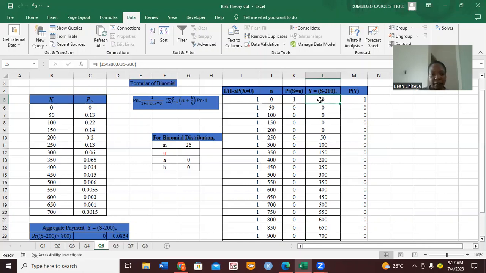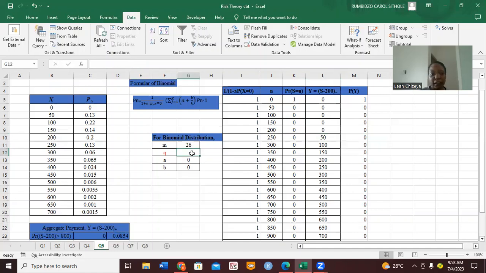So we use the IF condition here. If our N or S is less than 200, we get 0. If it's more than 200, we get J5 minus 200, which is N or S minus 200. This is why for 50, 100, 150, 200, we get 0, and we start getting figures from 250, because this is where we get figures above 200.